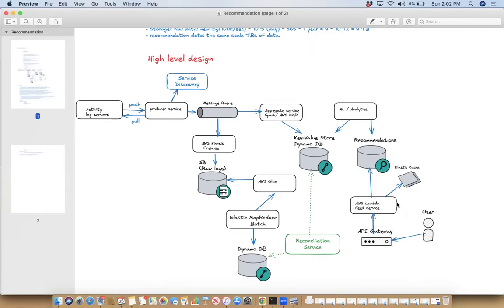Yeah, this is a stream processing lane, the main lane.